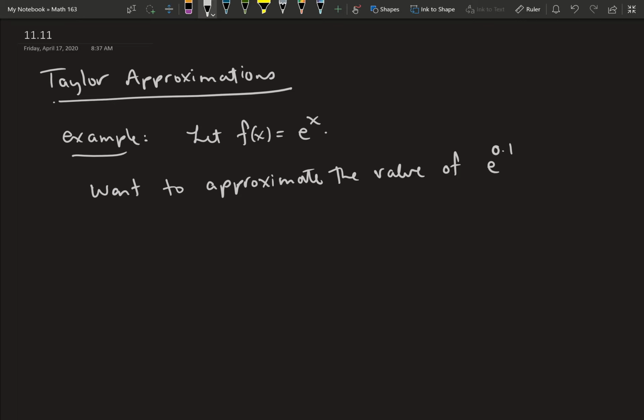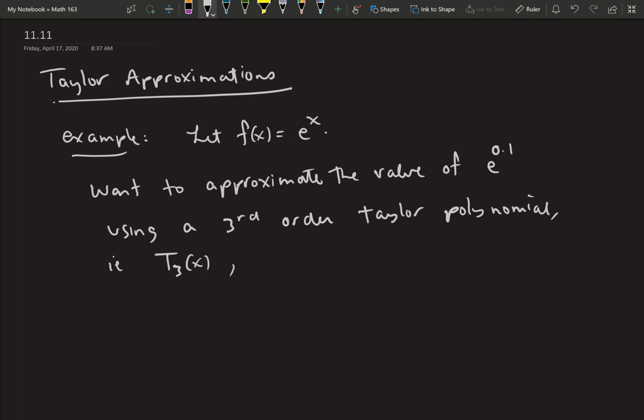And what we're going to do is do it using a third order Taylor approximation, a third order Taylor polynomial, i.e. T3 of x, where our center point is 0.